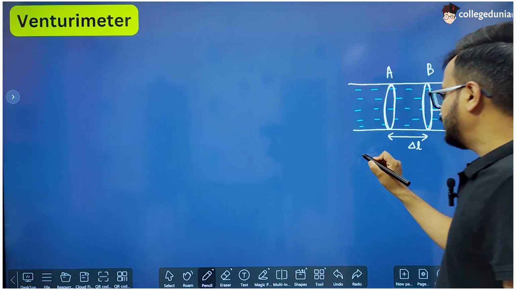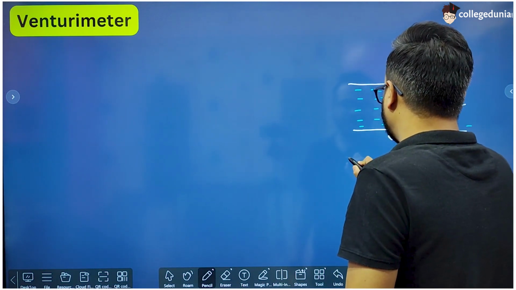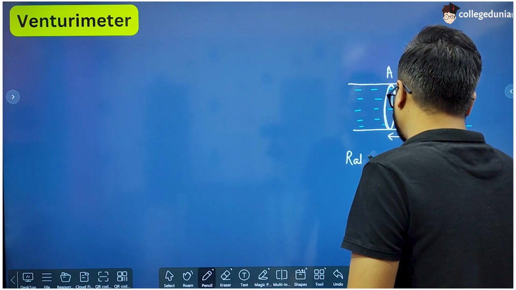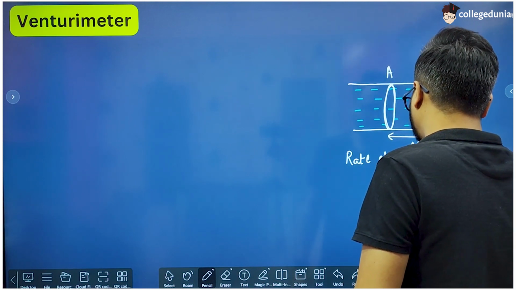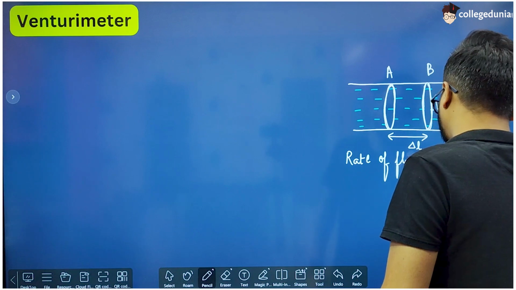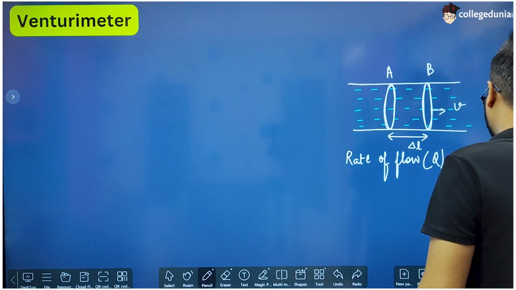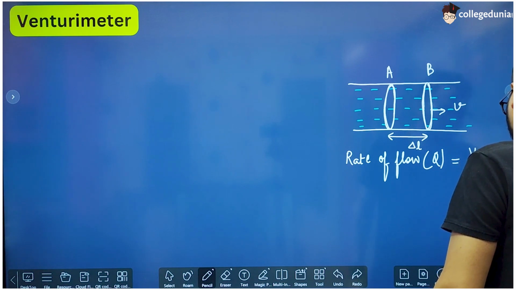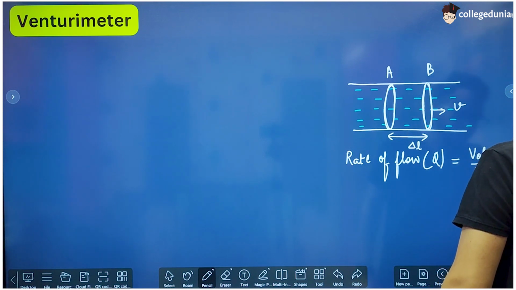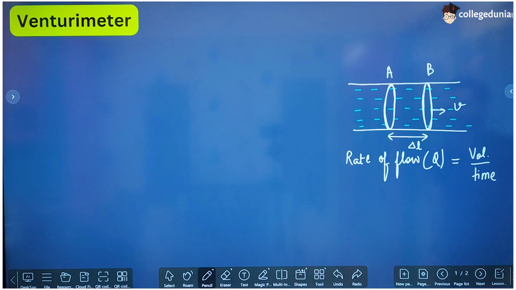So the volume of the liquid crossing per unit time through any cross section of this pipe, that is called rate of flow, and it is represented by Q, right?